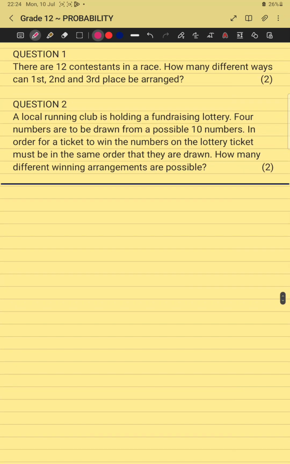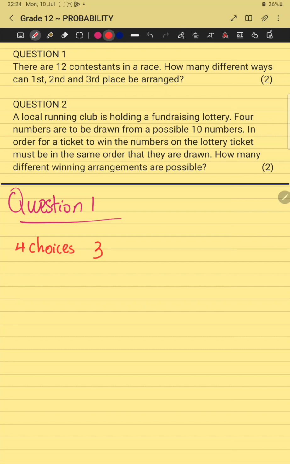How do we go about answering the first question? That is question 1. So in question 1 here, we've got 4 choices. We've got 3 choices.